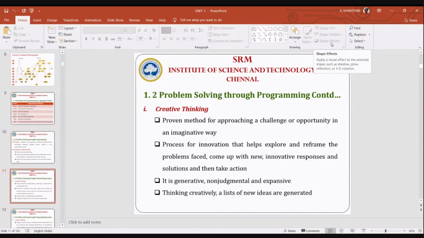For example, if I hire an individual with good creative thinking, obviously that will reflect in my organization, and it can move my organization well in a productive manner. So this creative thinking is very important in your organization.